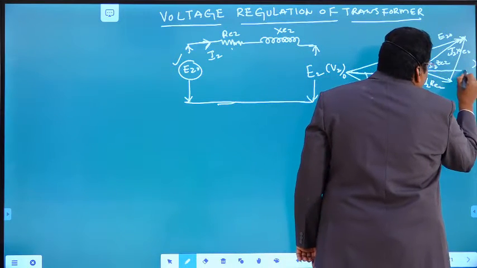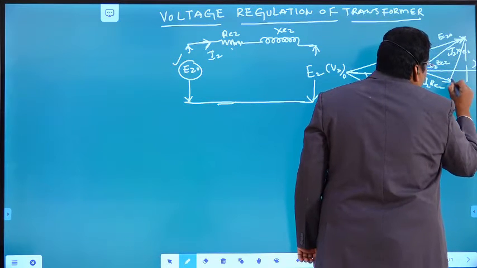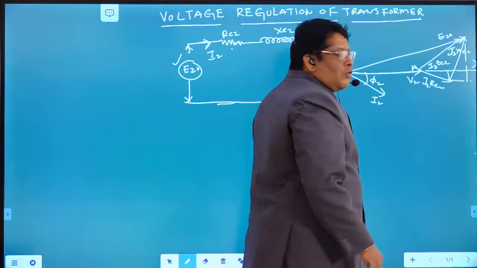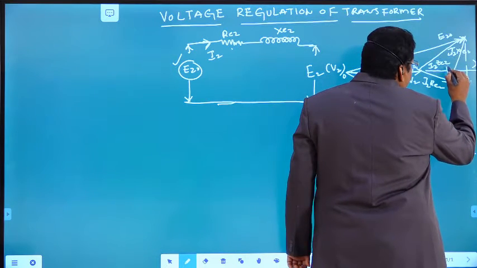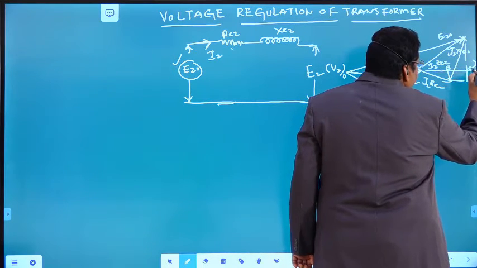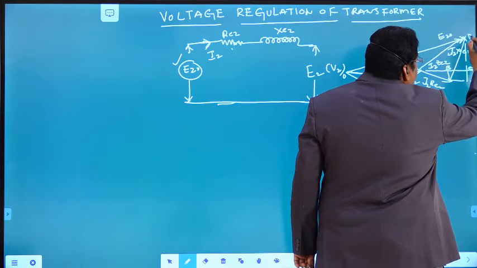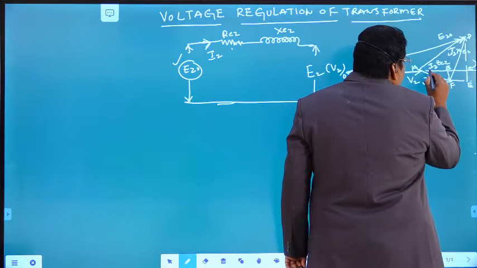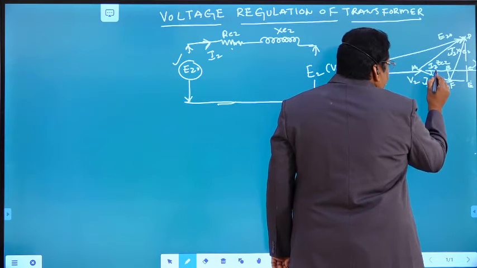Now take this point as O, this is A. Here we are doing some manipulation. This point you take as B, this point as C, this point as D, this point as E, and this point as F. This angle is also pi by 2.